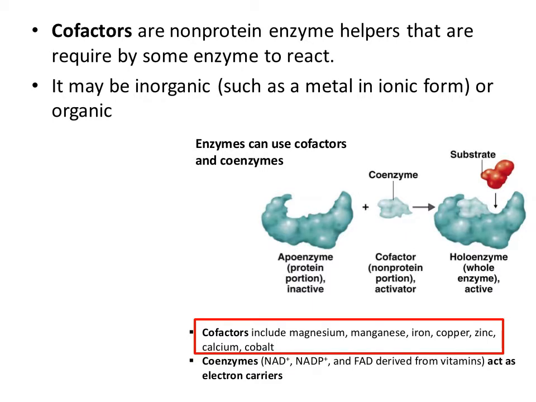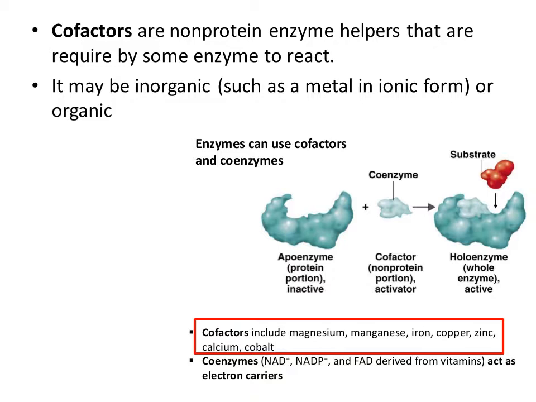To make some of these enzymes work, you will need an inorganic component or an organic component. If it is an inorganic component, the component is called a cofactor. A cofactor is a non-protein enzyme helper that helps to activate the enzyme.